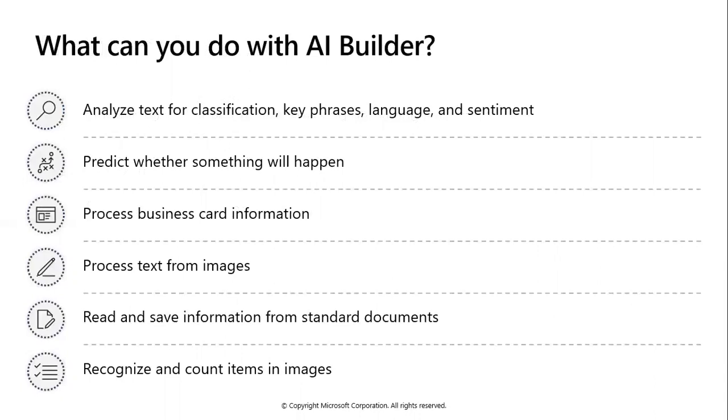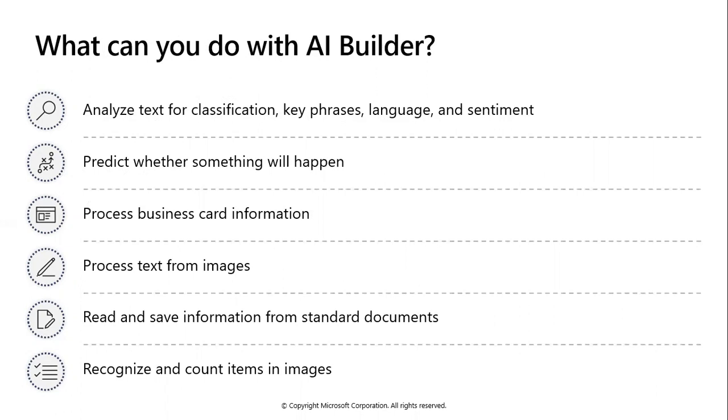Now, here we can see what capabilities we have while working with AI Builder. We can analyze the text for classification. We can also classify the language used in the text, or we could have a prediction model that will help in predicting some outcome from the business data.